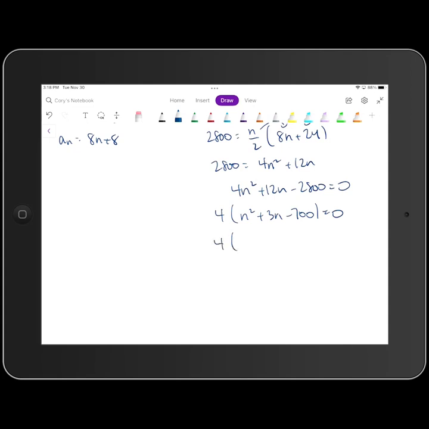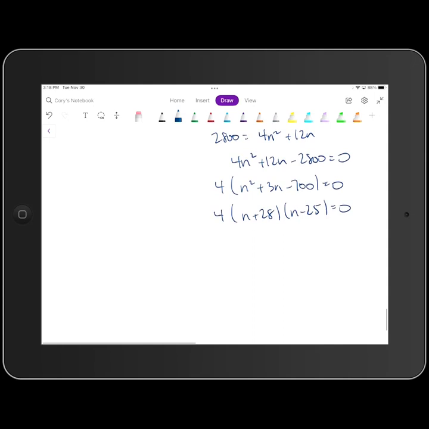That's actually going to wind up factoring to n plus 28 times n minus 25. So our two solutions for n are negative 28 and 25. So again, just like with the previous problem, it doesn't make sense for the number of terms to be a negative number. So we're going to omit that solution, and the number of terms in that sum is going to be 25.